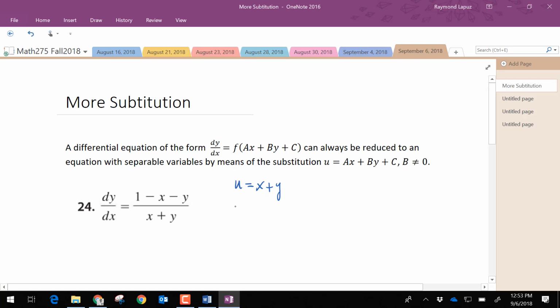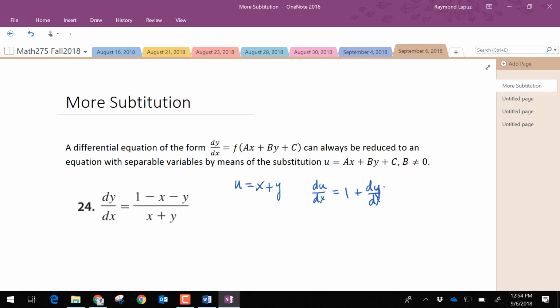We can do the differential technically, but if we just do the derivative with respect to x, that's probably fine. So du dx: the derivative of x with respect to x is 1, and the derivative of y with respect to x is dy dx. So du dx is equal to 1 plus dy dx, and that will be our substitution.